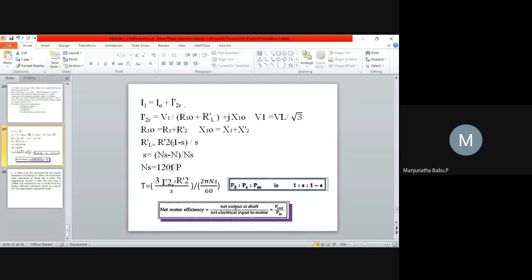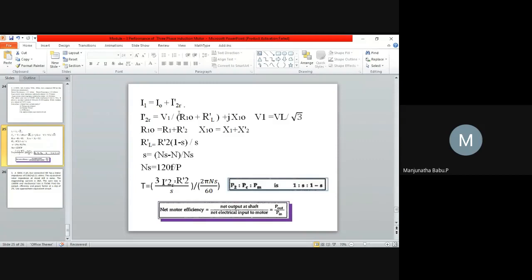I don't have the calculator. So 1 minus 0.03. Sir, 4.85, sir. Into 0.15, right? Yes, sir. 4.85 is the resistance. 4.85 is the RL dash.